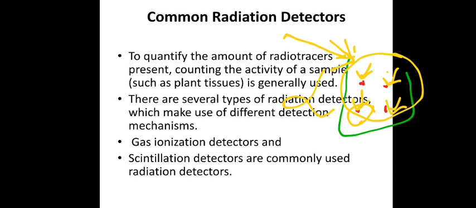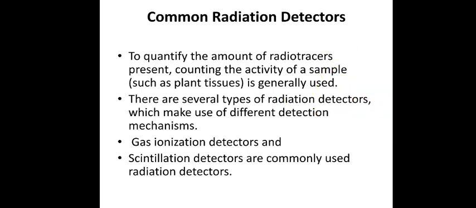This can be quantified by using special detectors like gas ionization detectors and scintillation detectors. These are the common detectors that are used to detect the presence of a radioactive element. This can be in any sample, and it is especially used in plant tissues.